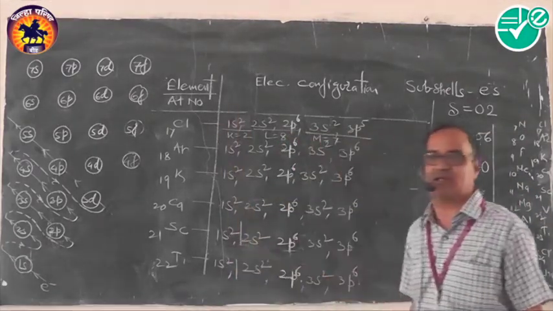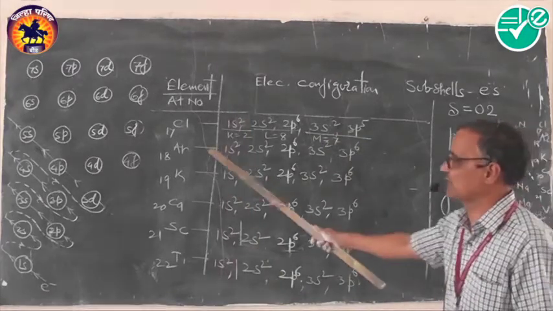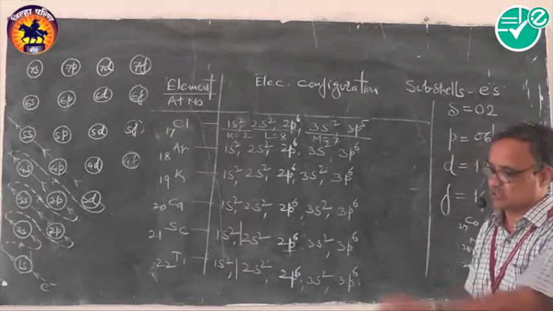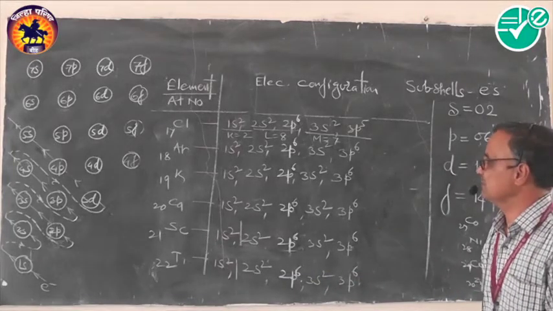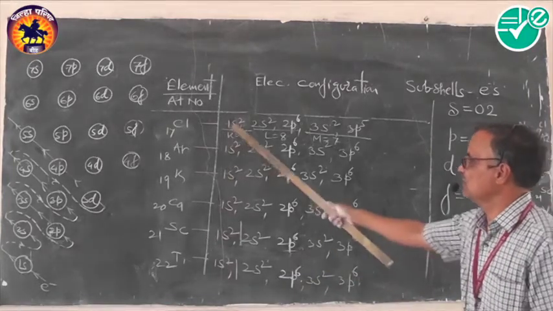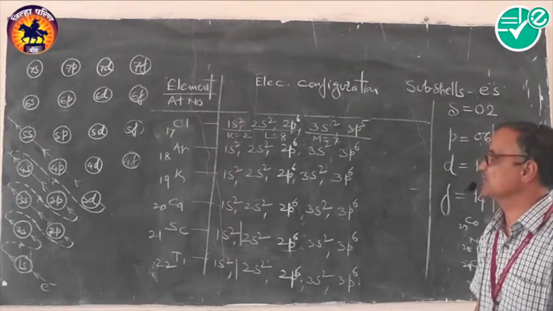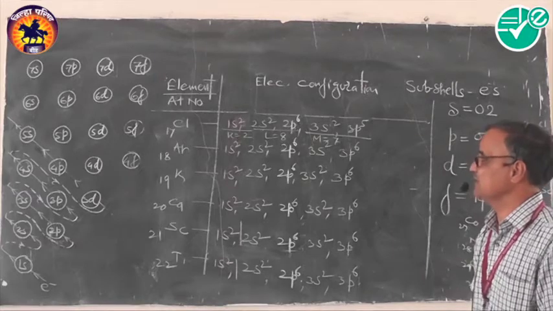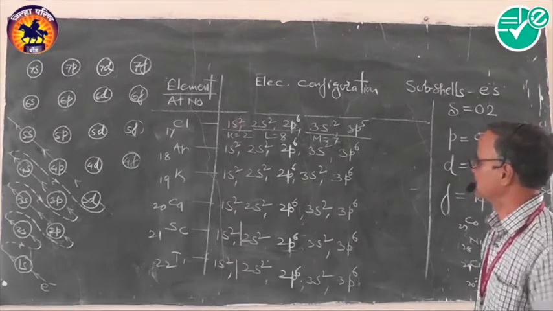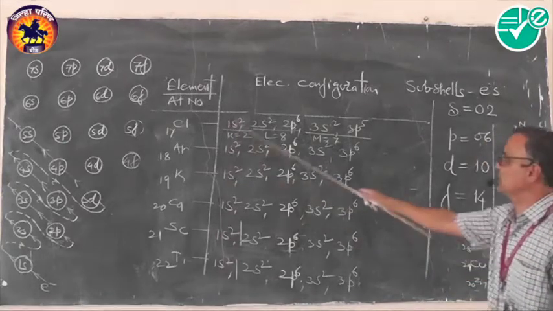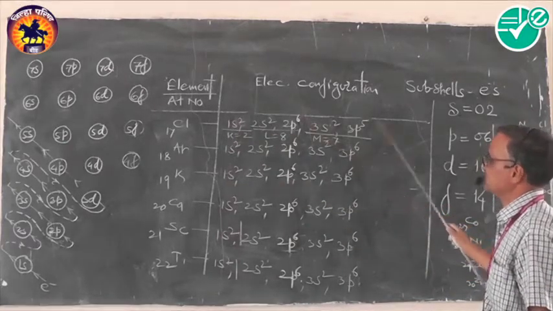Fluorine is the first halogen with atomic number 9, that is 2, 7, and chlorine will be the second, just below fluorine in the halogen group with atomic number 17, and distribution becomes 2, 8 and 7 in K, L and M respectively. Hence this electronic configuration becomes correct: 1s2, 2s2, 2p6, 3s2 and 3p5.